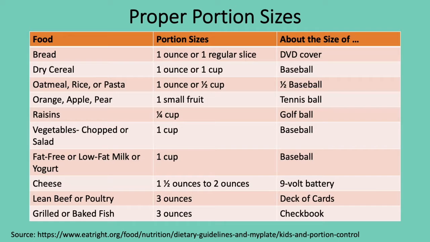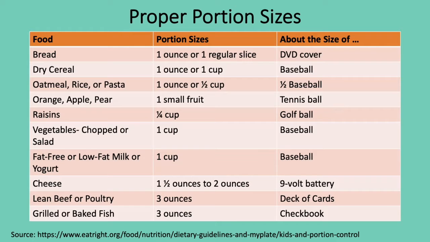First, we have bread with a recommended portion size of 1 ounce or 1 regular slice, which should visually be about the size of a DVD cover. Hopefully, most of us still remember what that looks like. Next, we have dry cereal with a portion size of 1 ounce or 1 cup, which should be about the size of a baseball.